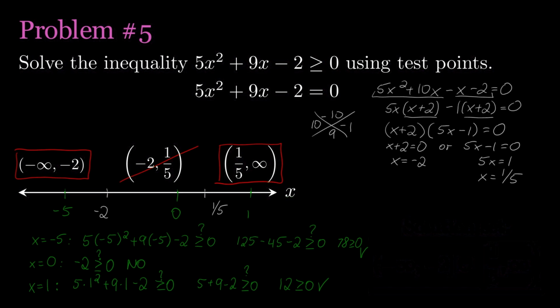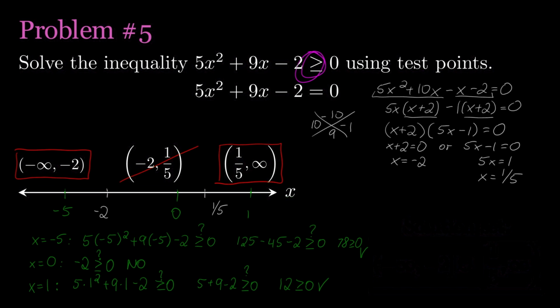Now, our inequality is of the form greater than or equal, and therefore the endpoints of our intervals belonging to the solution set are included, because those x-intercepts are the solutions of the corresponding equation, and they satisfy that inequality because of that or equal part.